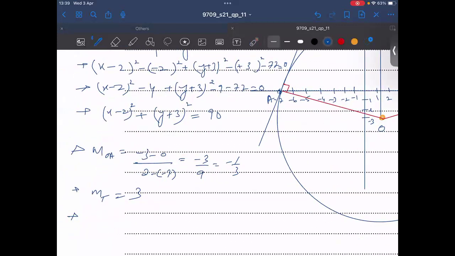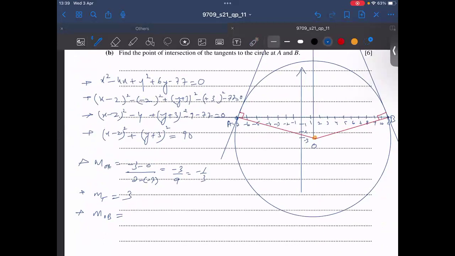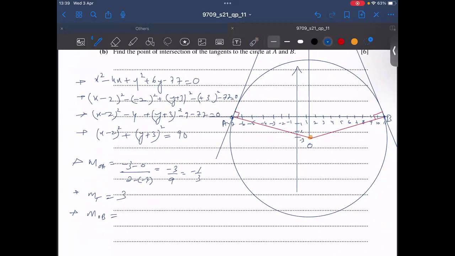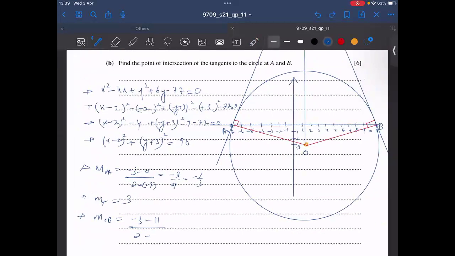Now let's find out the gradient of OB. It's going to be again minus 3 minus 0, sorry, minus 3 minus 0 divided by 2 minus 11.